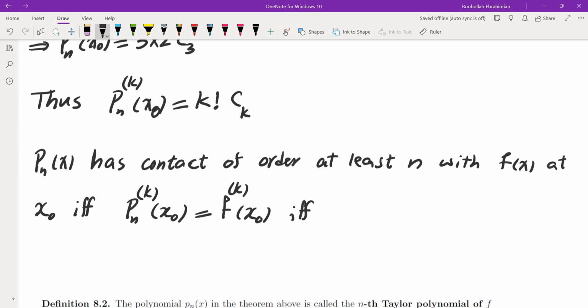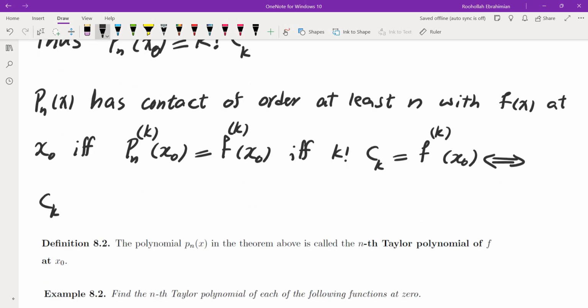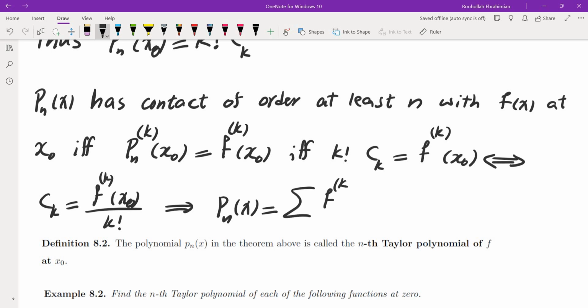And this is clearly the same as k factorial times c_k equals f^(k) of x0, which is the same as saying c_k is equal to f^(k) of x0 over k factorial, which is to say Pn of x is equal to the sum of f^(k) of x0 over k factorial times x minus x0 to the power of k.